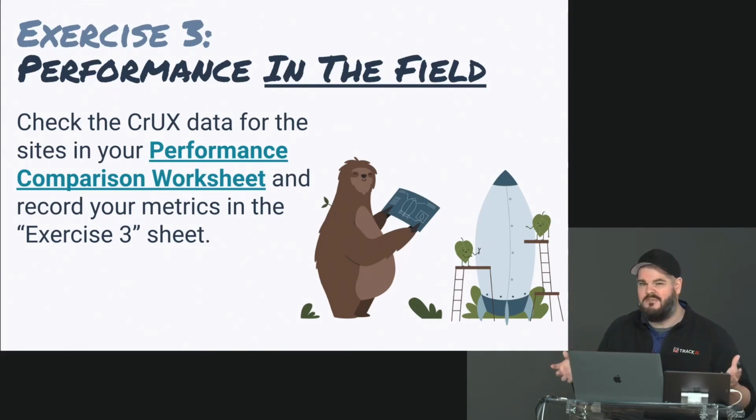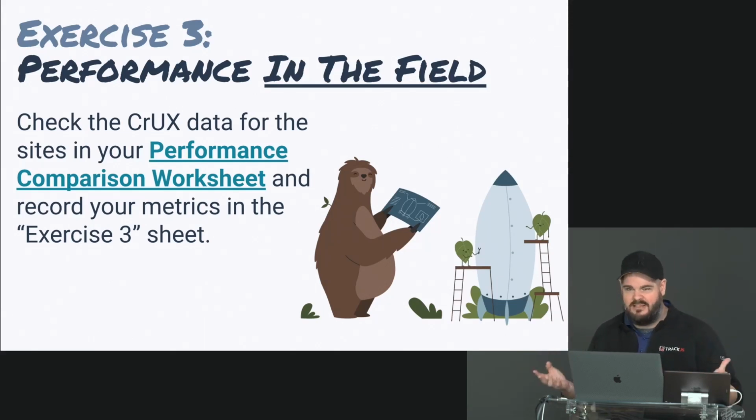The browser itself has been gathering it for all the websites and pulling it back and publishing this data publicly monthly. You can see how well every site on the top million sites on the internet performed for the real users that hit them according to Chrome.